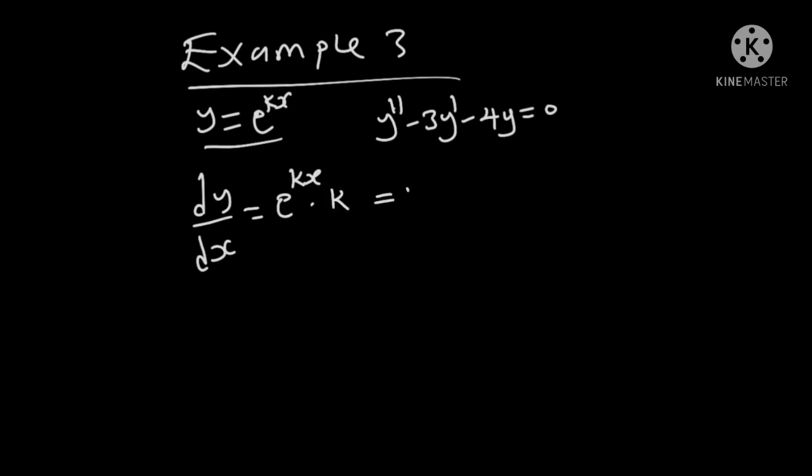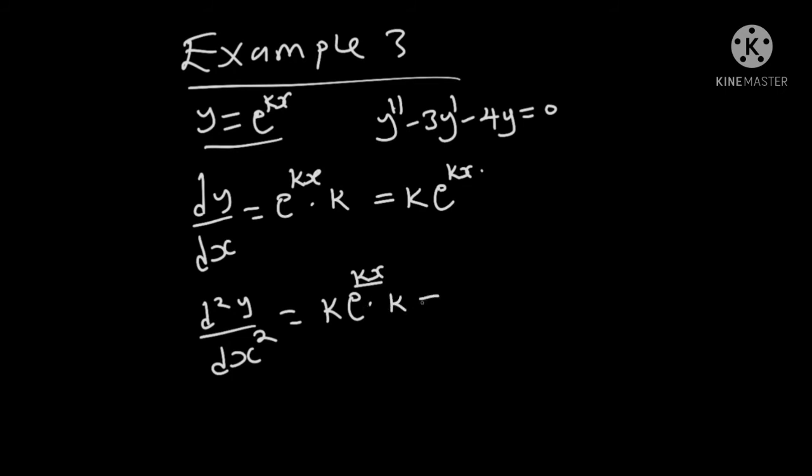So that is k e^(kx). d squared y over dx squared will give us k e^(kx) times the derivative of kx, which gives us k. So that will be k squared e^(kx). Now, this one is our y double prime and this one is our y prime.